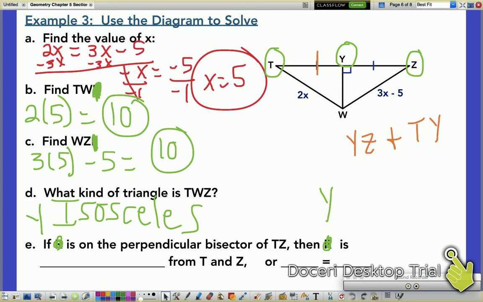So this segment and this segment. Well, they're congruent, so I know that it is equidistant from T and Z, or just like I said, TY equals ZY. I thought that was R and it's supposed to be a Y. Either way, you get the gist of it. I hope. You never know with me, right?